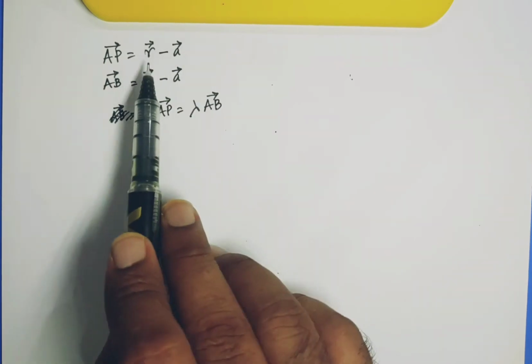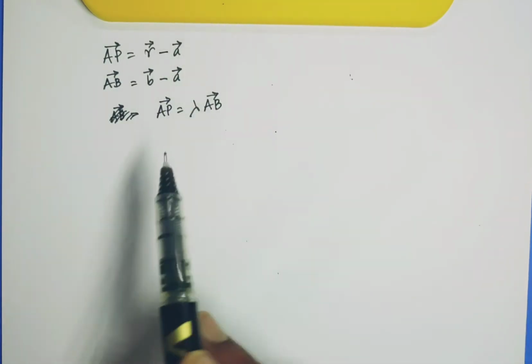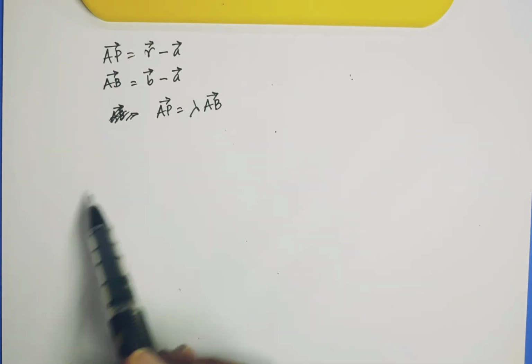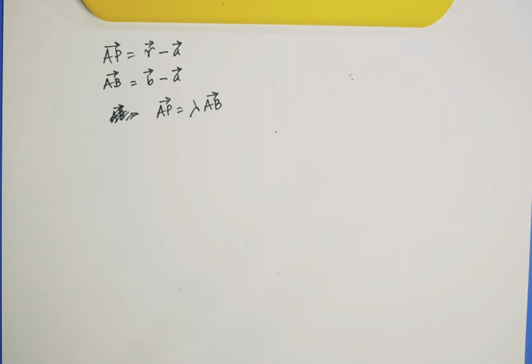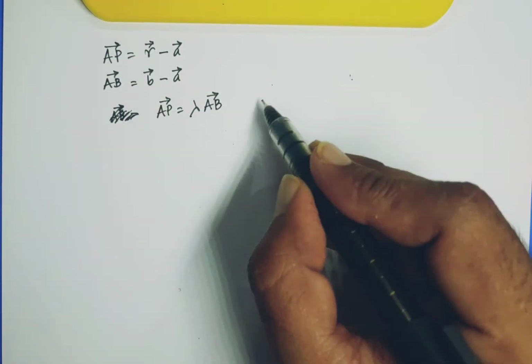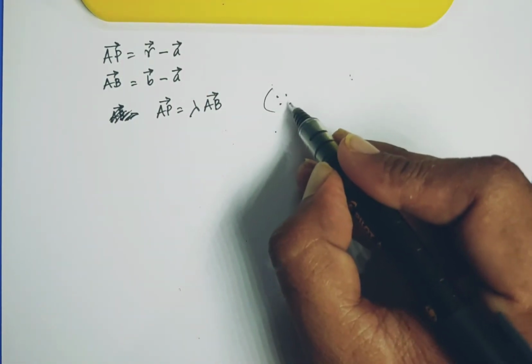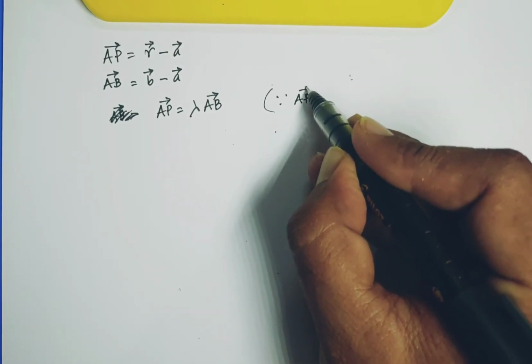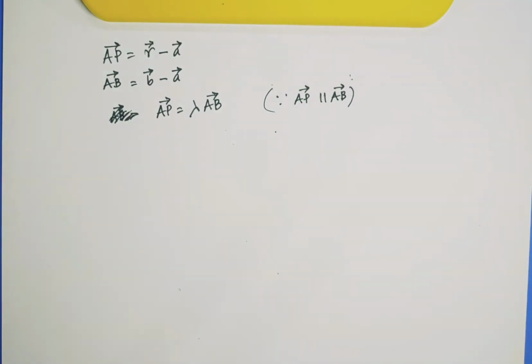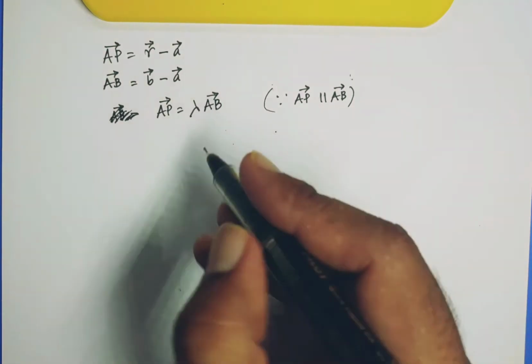We have to equate in terms of R vector. That's why you cannot have the lambda there. Or else, if you would have taken lambda AB vector, it will become 1 by lambda, right? But we don't want to complicate things. So let's put those values right here, since the AP vector is parallel to the AB vector. Okay, they are collinear, or you can say they are parallel.